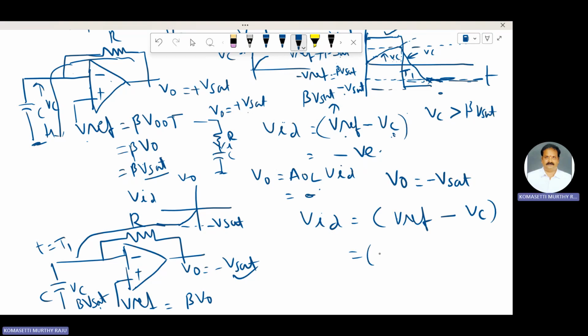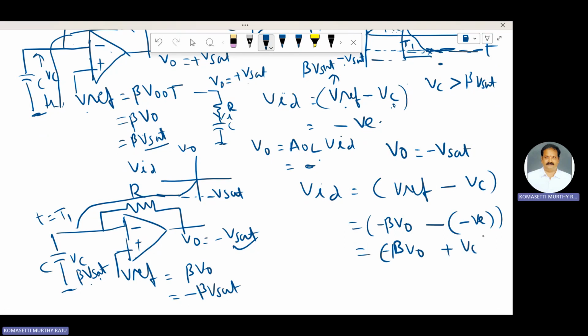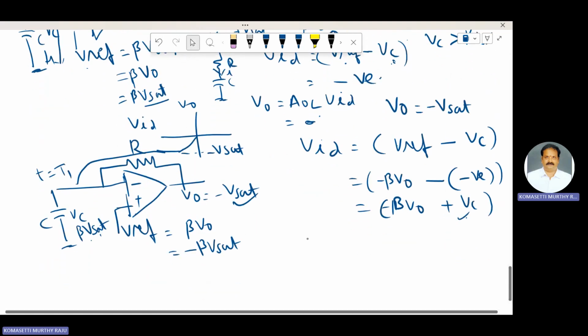V reference is minus beta V sat. Here VC is the capacitor, which charges more and more negatively, so VC is negative. Negative into negative is positive. Therefore, minus beta V sat plus VC, so VC is greater than V reference.